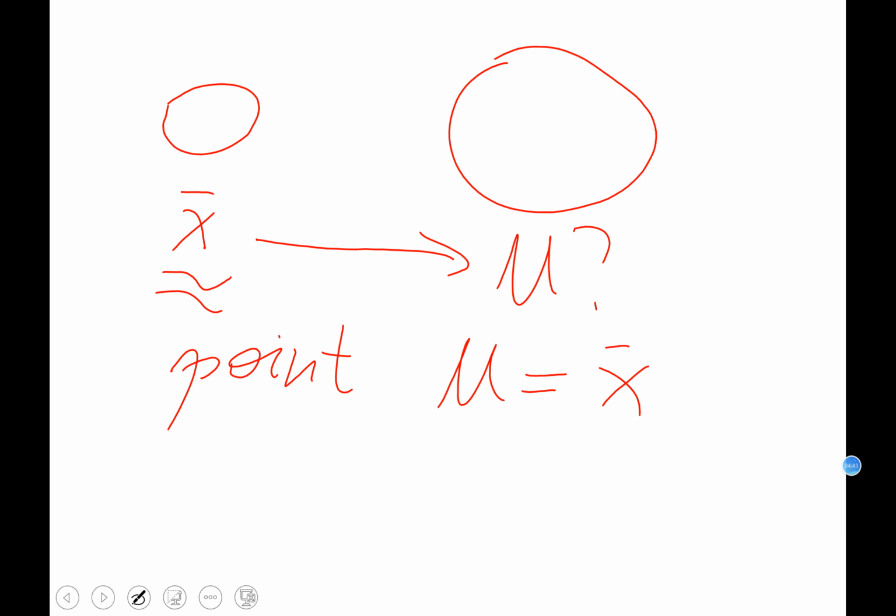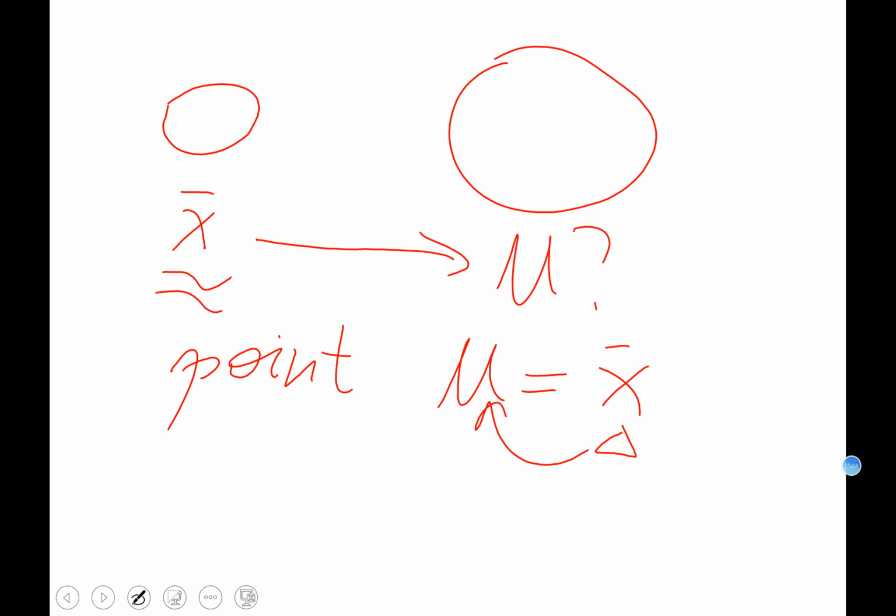That means we just use a special number to represent the population mean, which is unknown. So this kind of method is the point estimation, which is one of the two methods of estimation.